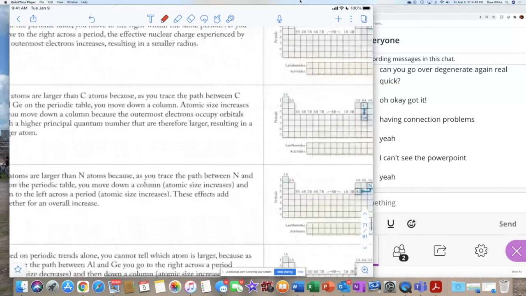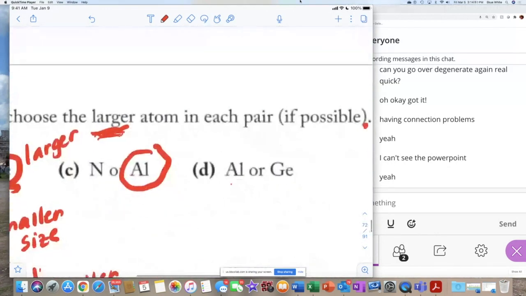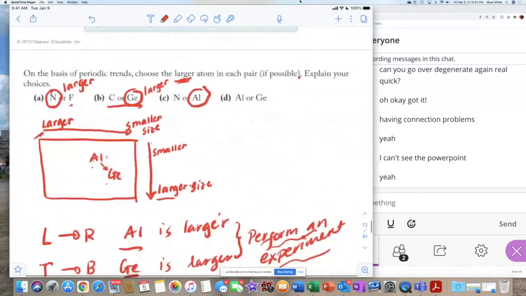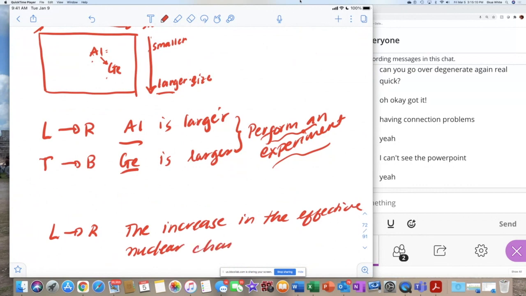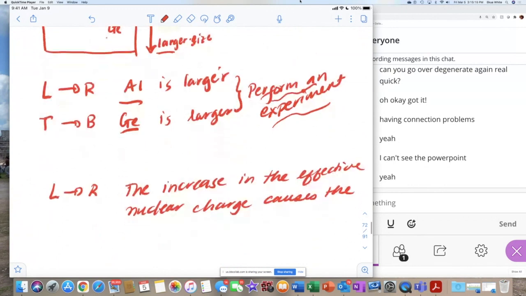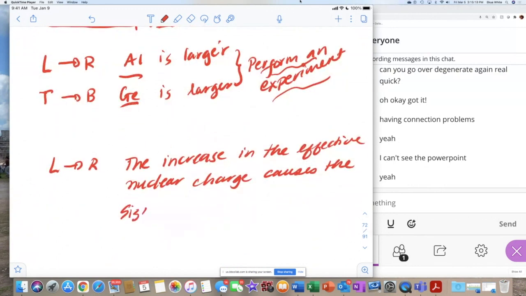Oh, now I forgot to mention the Y. We've gone over this over and over again, right? When we're going from left to right in a comparison, the increase in the effective nuclear charge causes the size of the atom to decrease.